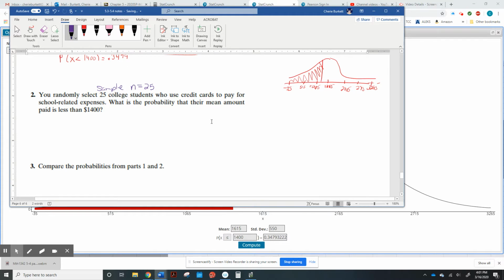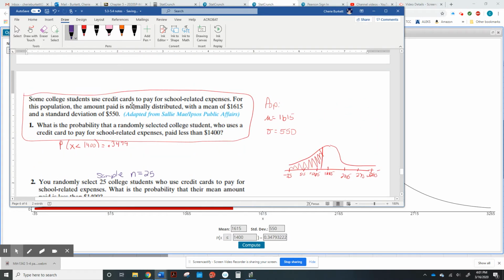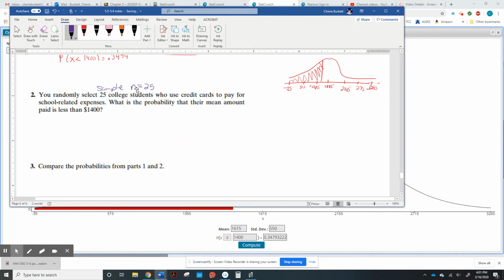No. So we need to be sure and go back and read that the amount paid is normally distributed. So our population is normally distributed. So the fact that we are short in our sample size means that we're okay. Our sample is going to be normally distributed because our population was.